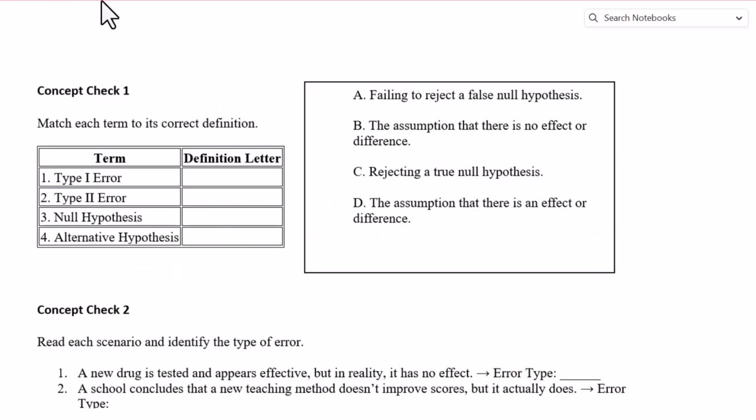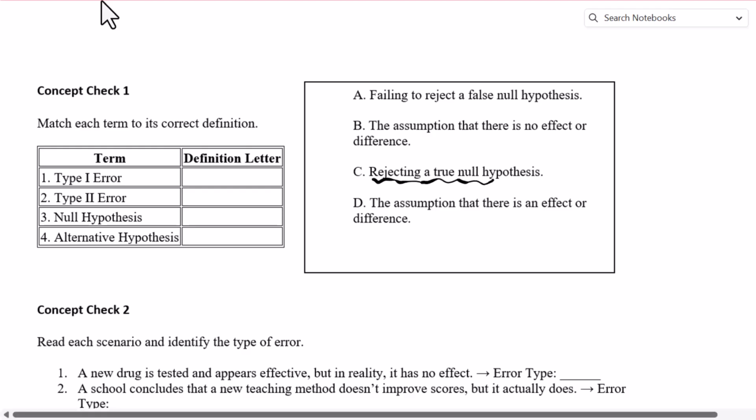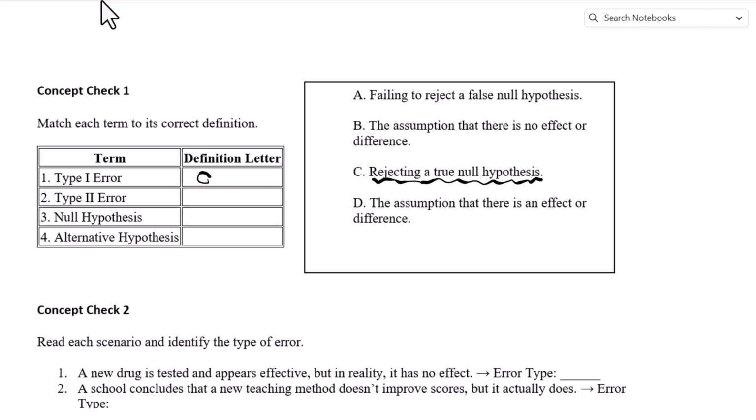Concept check 1. Match each term to its correct definition. Type 1 error: rejecting a true null hypothesis. Type 2 error: failing to reject a false null hypothesis.